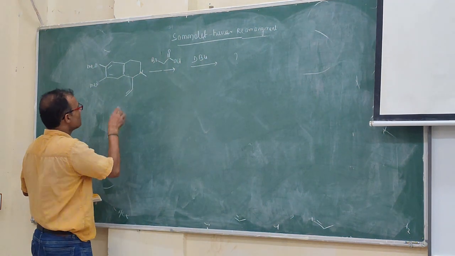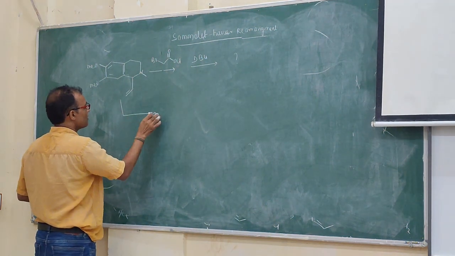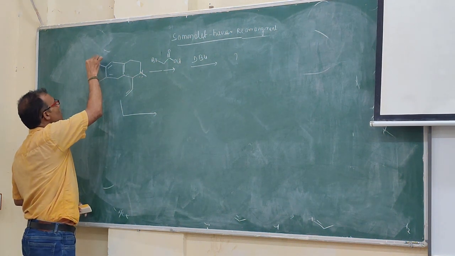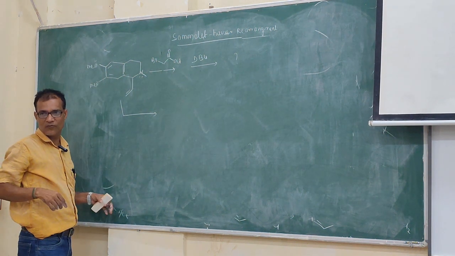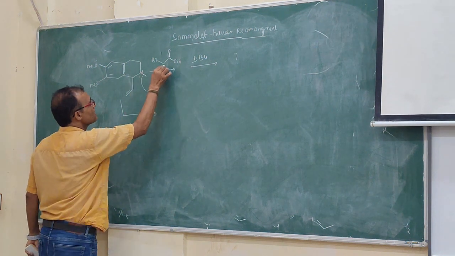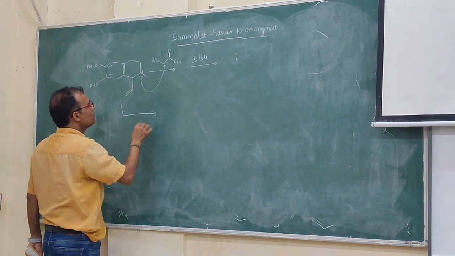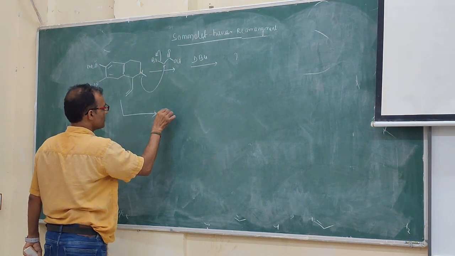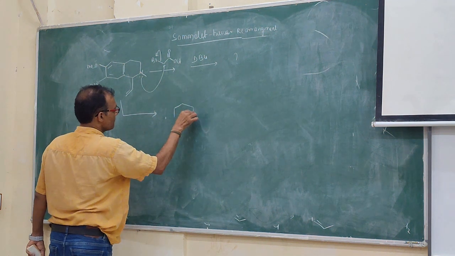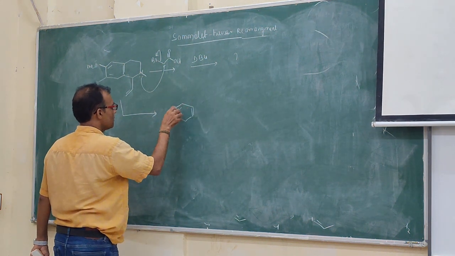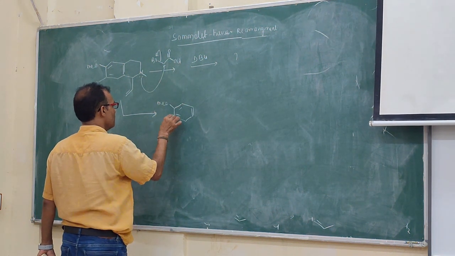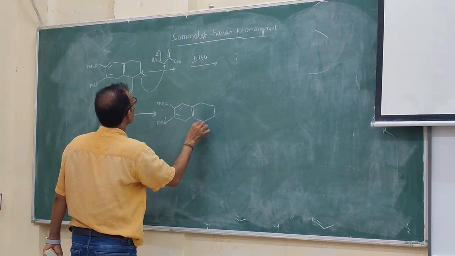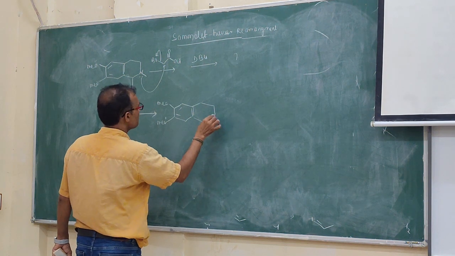So here you have a lone pair. Am I correct? Here also you have a lone pair. This will not attack here. An oxygen lone pair never attacks easily. So this nitrogen attacks here. So this is nucleophilic substitution. So you have MeO, you have this, and this nitrogen.